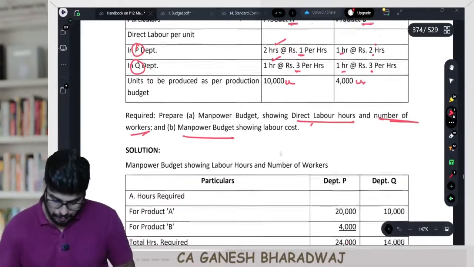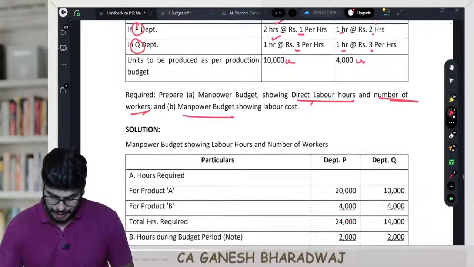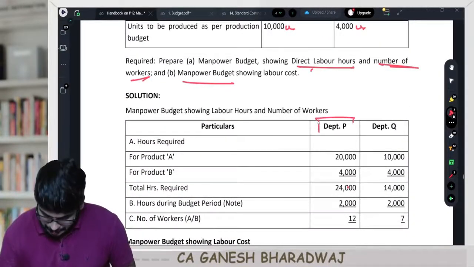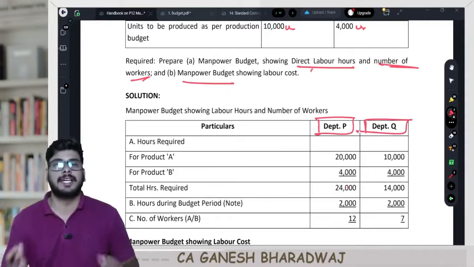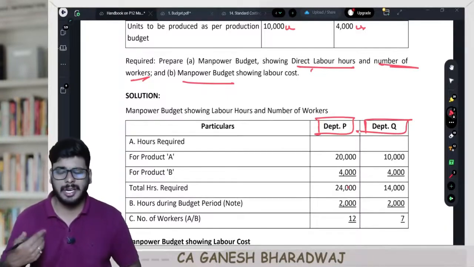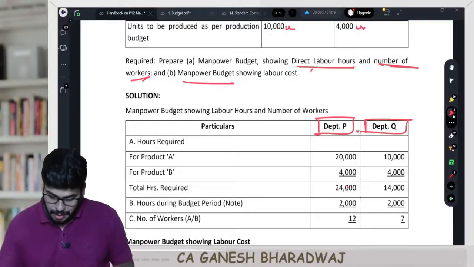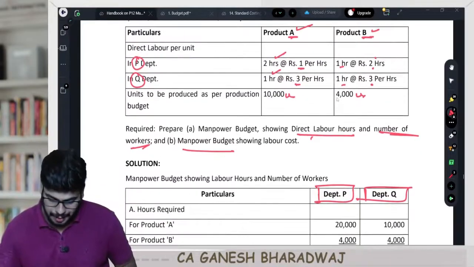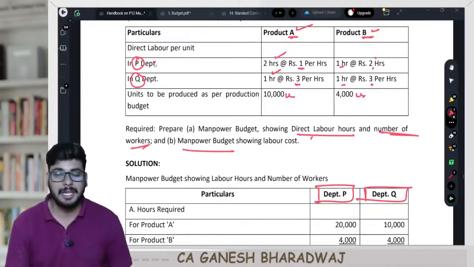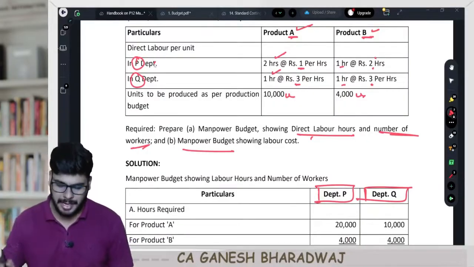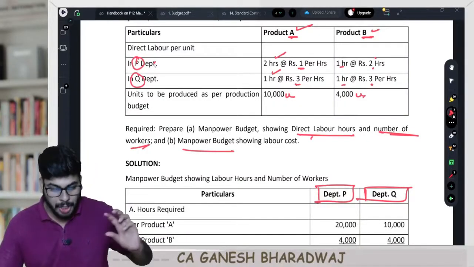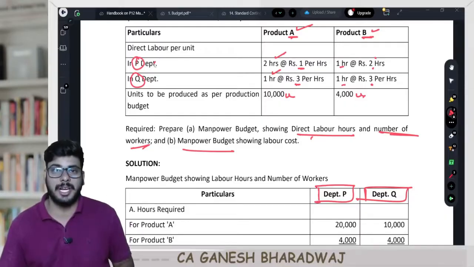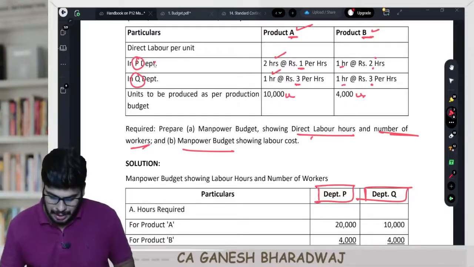Now, first of all, look at this. Department P, Department Q. There are two departments where the laborers are working. Now, first, let us budget the total number of hours required. Now, in Department P, both the products A and B will pass. Now, for the purpose of manufacturing product A, how many Department P hours are required?